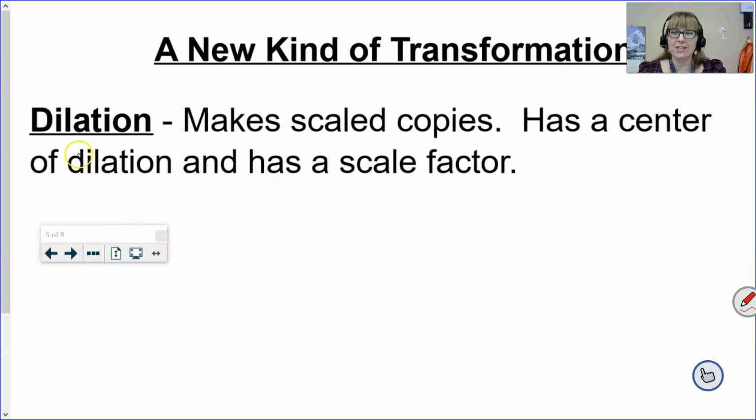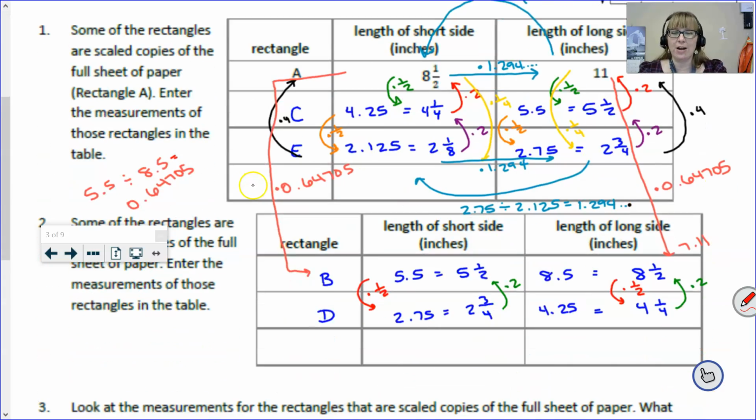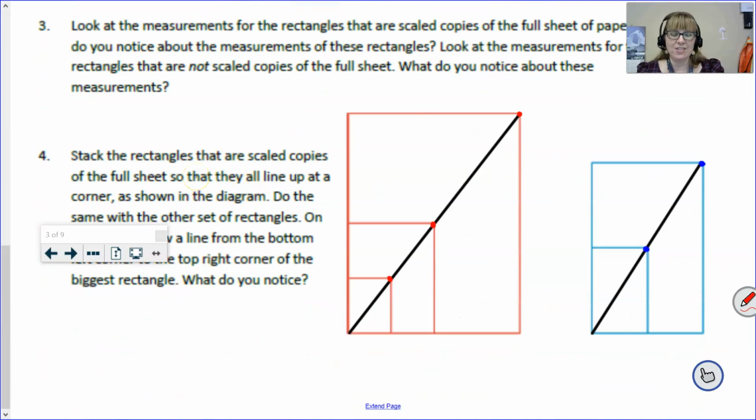So let's focus on this piece. It has a center of dilation. I want to return to our diagrams here. Since these are scaled copies, that means this is a dilation. A dilation is occurring, and the center of dilation is this point right here.